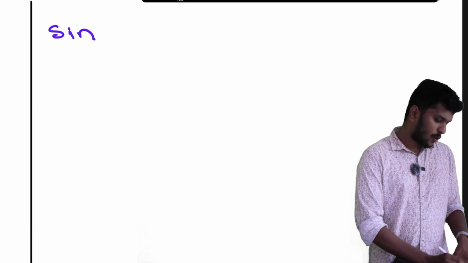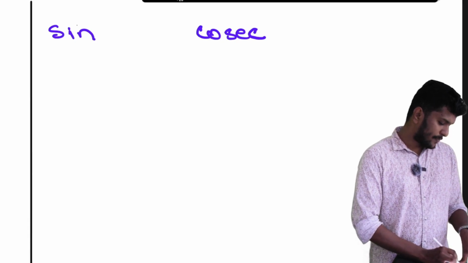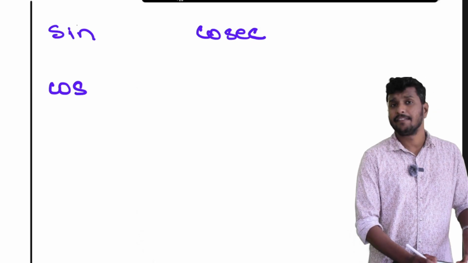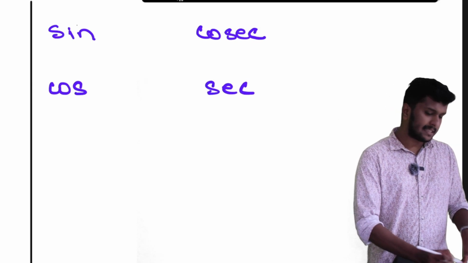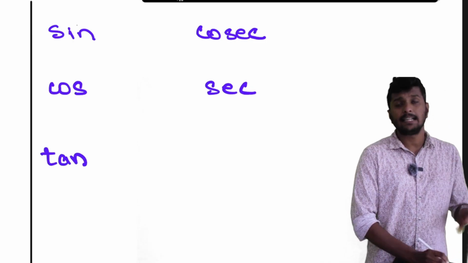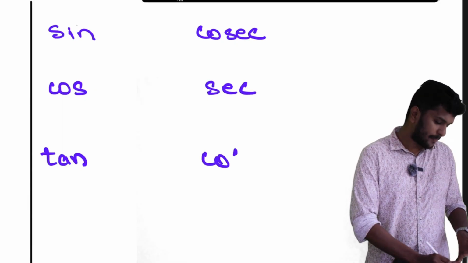For cosecant, we write cosec. For cosine, we write cos, and its reciprocal secant, we write sec. Tangent, we write tan, and its reciprocal cotangent, we write cot.